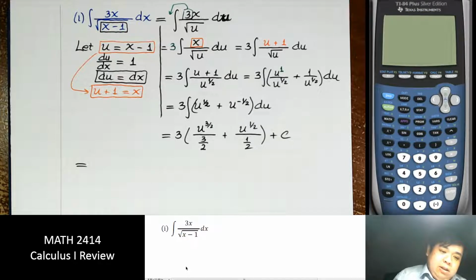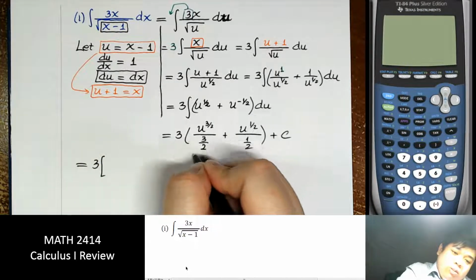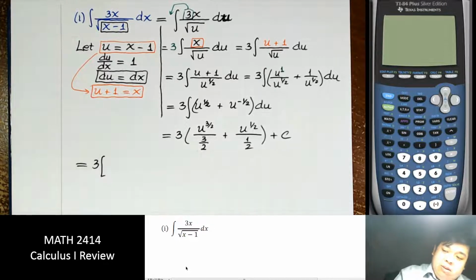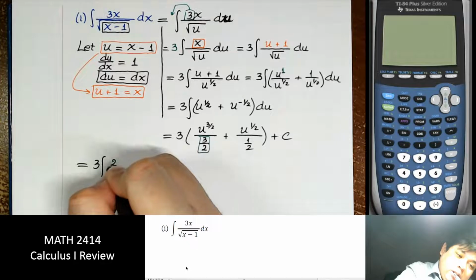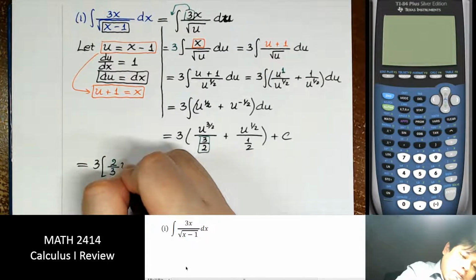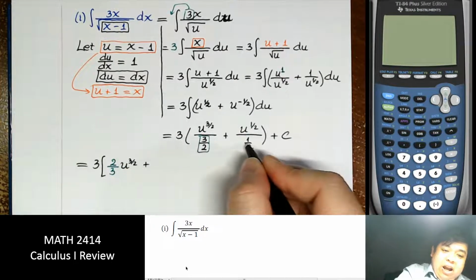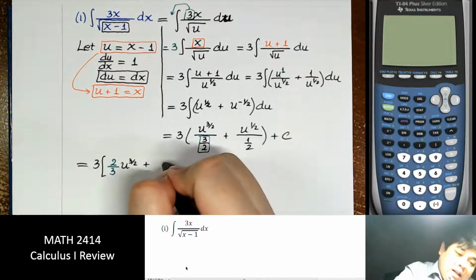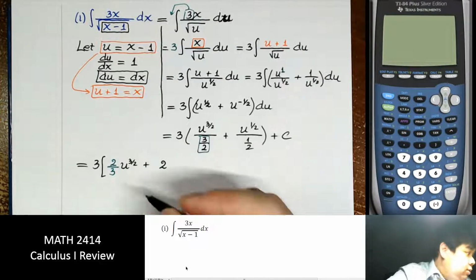Multiply reciprocal, divide by 3 half at the bottom, turn to 2/3. And 1 half at the bottom, flip, that is the 2 over 1, which is 2.